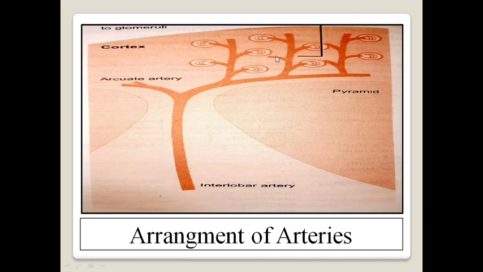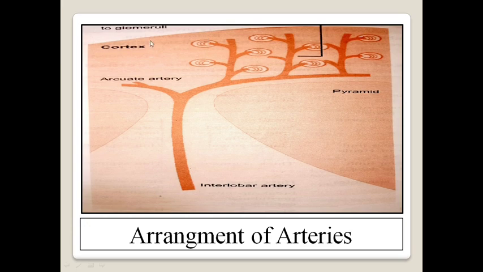And what are these interlobular arteries? They run through the cortex at right angle to the renal surface to end in the subcapsular plexus. So from here the arcuate artery, perpendicular to this arcuate artery, this interlobular artery originates, runs toward the surface of the kidney, and they form a plexus just beneath the surface of the kidney.